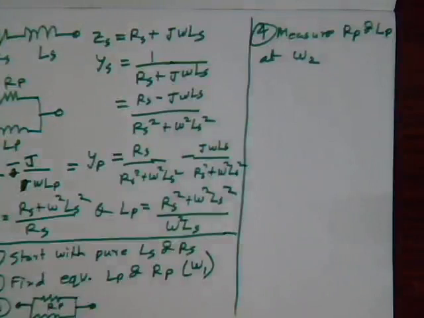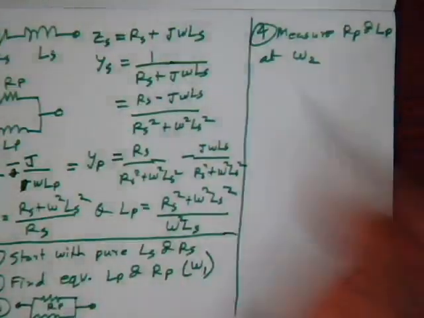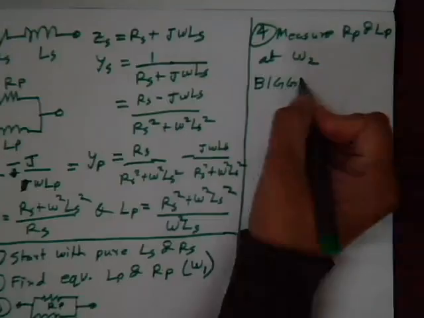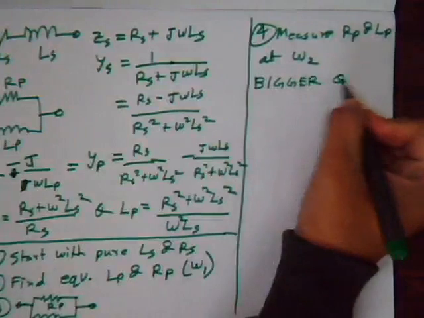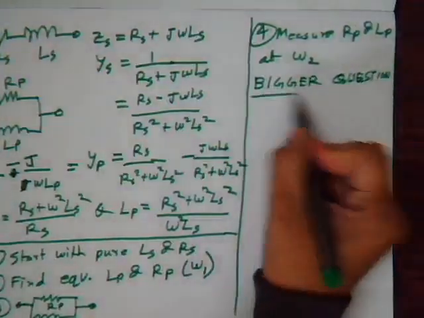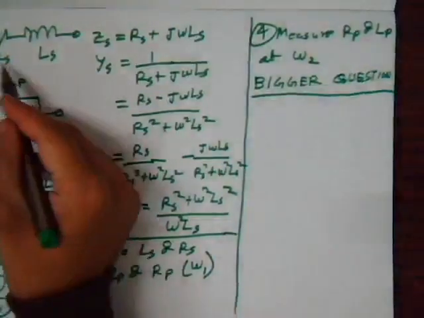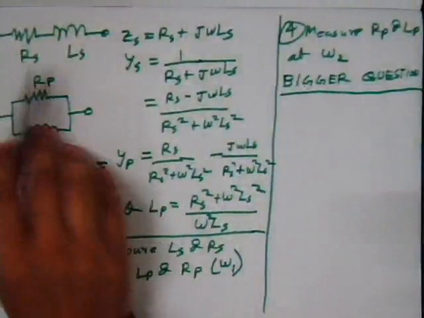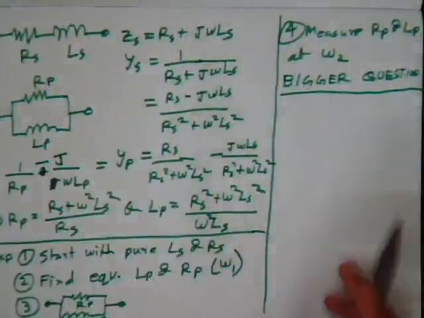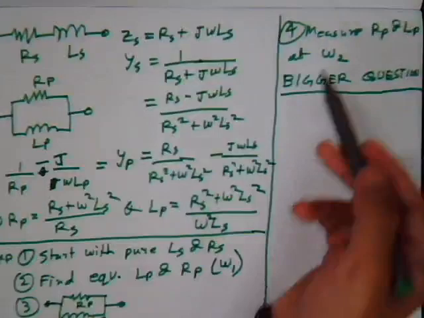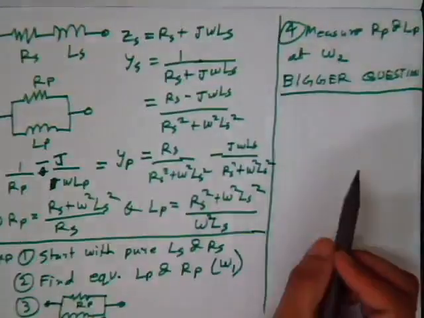Therefore the bigger question that can be raised is this: since I started with pure Rs and Ls, and then I found the equivalent, and then I observed that this equivalence is no longer true when I change the frequency.